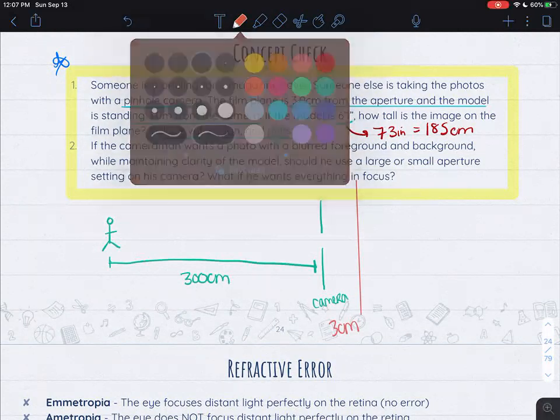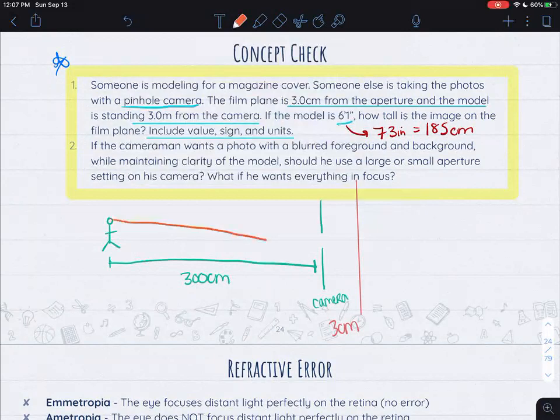So if we draw, we know that a pinhole camera has one ray for one point source. So we're going to draw one from the head, and then we'll just draw one from the foot as well. Something like this, which is not really drawn to scale either. I'd rather this crossing be over here somewhere, but it's fine.